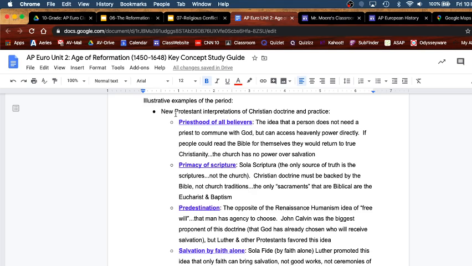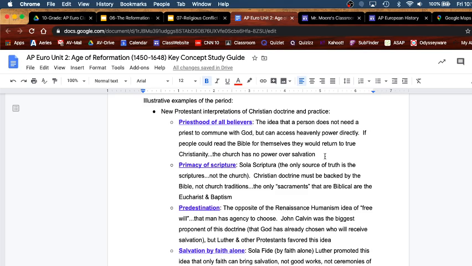And so these new Protestant interpretations of Christian doctrine and practices, the priesthood of all believers, this is an idea that Luther really preached. The idea that a person does not need a priest to commune with God, but can access heavenly power directly. If people could read the Bible for themselves, they would want to return to true Christianity.